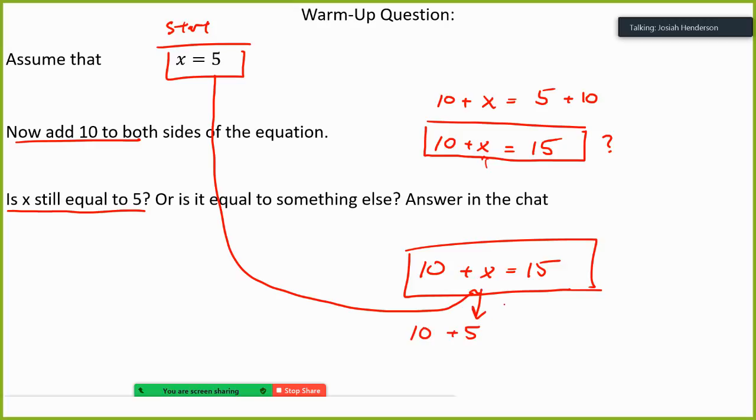I can substitute that in because x is equal to 5, right? 10 plus 5, 15, equal to 15. That seems true. We got a number equals itself. It's not like 10 is equal to 20 or 15 is equal to 100 or something pretty crazy. Something obviously wrong.